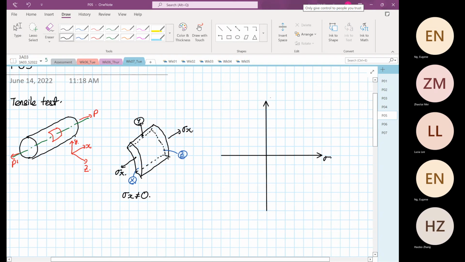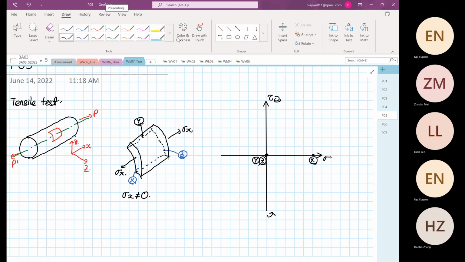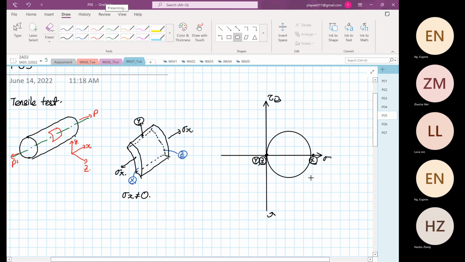Rotate clockwise, anti-clockwise, and we know at this point over here, this is where our point Y and point Z are, 0 stress. And at this point over here, this is our point X. Okay, so now when we draw a circle, right, this is how it looks when we plot our Mohr circle now.